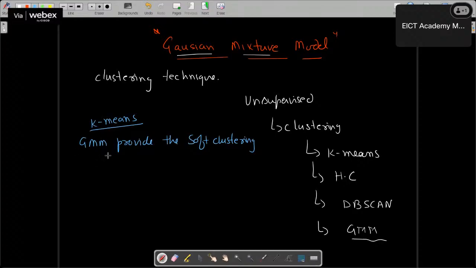But the advantage of GMM is it provides soft clustering, whereas K-means provides hard clustering.